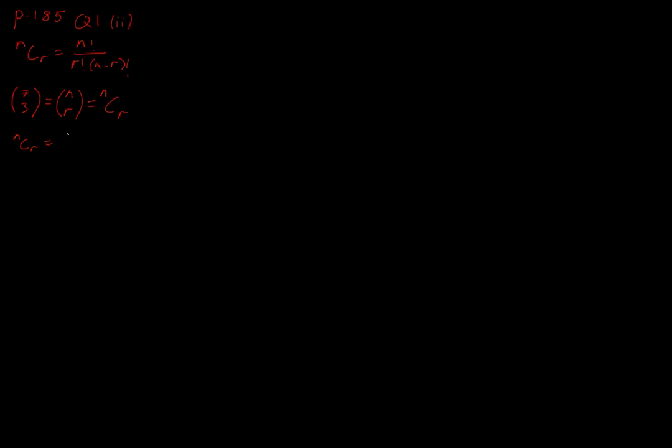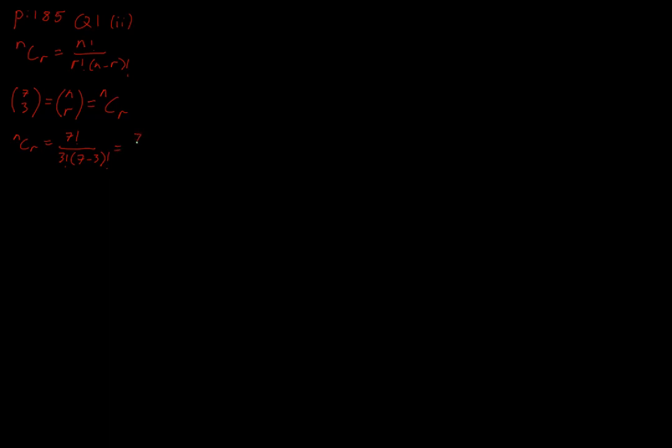Now the formula, as I've written it up here, for nCr is going to be n factorial, so 7 factorial. A reminder again, that means 7 by 6 by 5 by 4 by 3 by 2 by 1, divided by r factorial, which is going to be 3 factorial, multiplied by 7 minus 3 factorial.